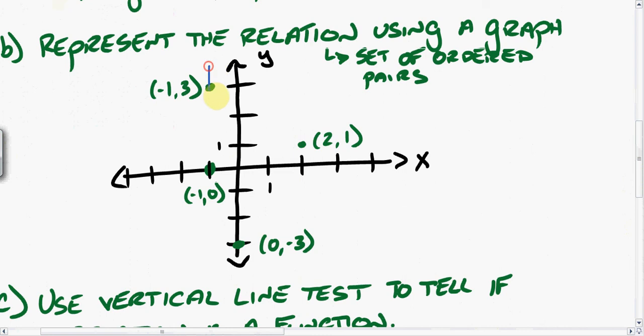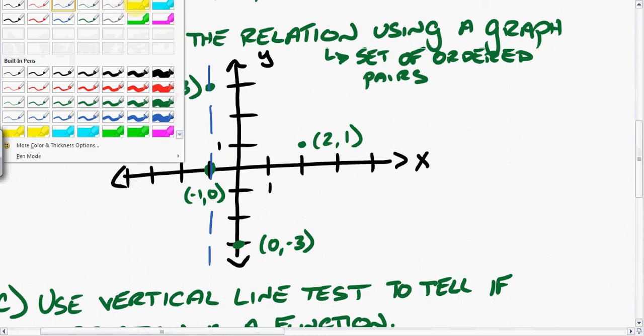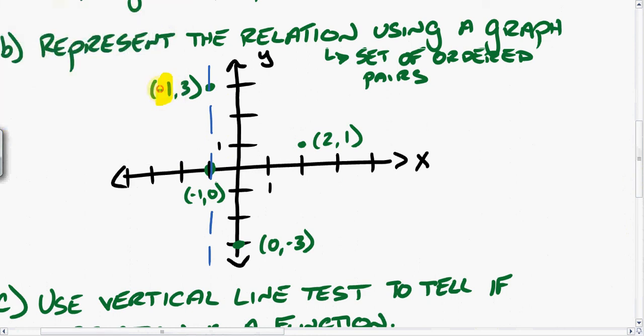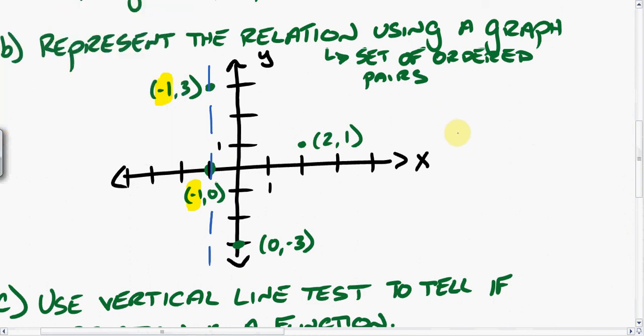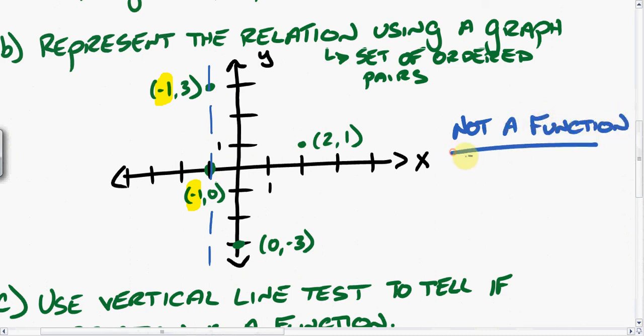Here, we see the vertical line passes through 2 points. And again, what do you notice about the x values? -1, -1, they're the same. So we know we do not have a function. It's not a function because our vertical line has passed through more than one point.